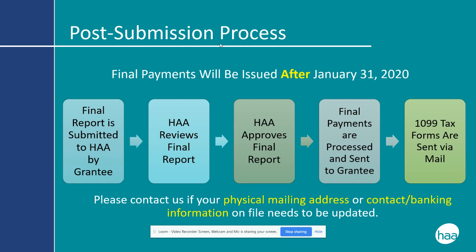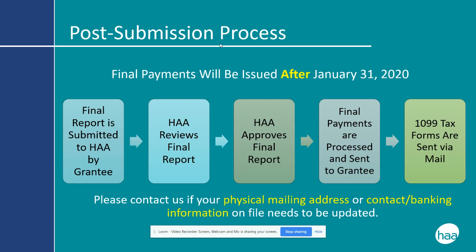So if you believe that your banking information is out of date and it needs to be updated, please go ahead and email and contact the grants team in our general grants inbox and let us know so we can revise that and make sure that we're paying you to the correct banking information. As of right now, the banking information that we have is from the ACH paperwork that everyone completed at the beginning of 2019.